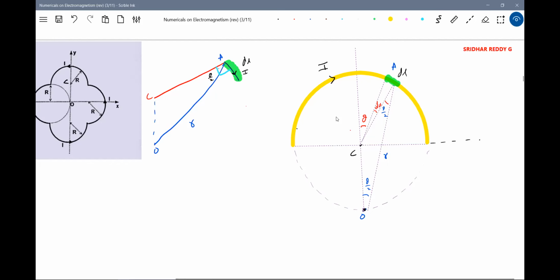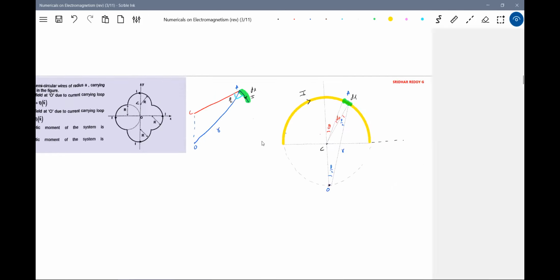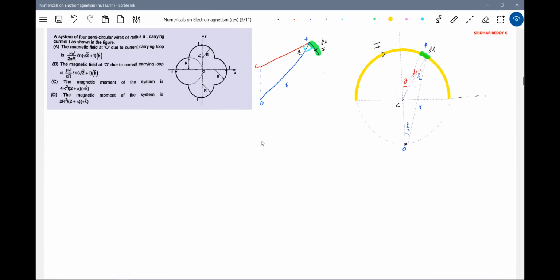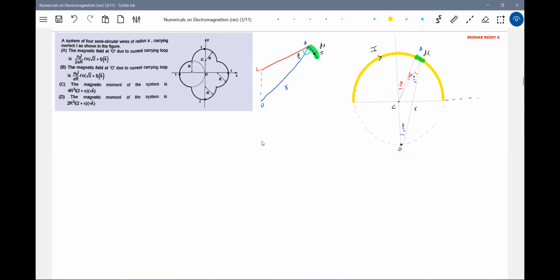And what is the distance r equal to? 2R cos theta by 2. So we'll apply the Biot-Savart law now. Always in the Biot-Savart law, be extra alert with this angle.